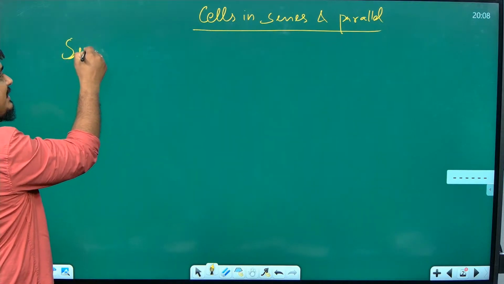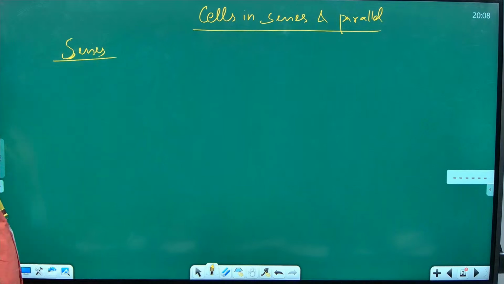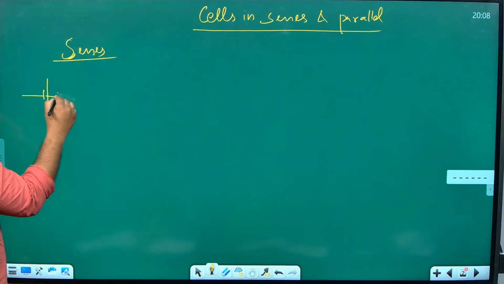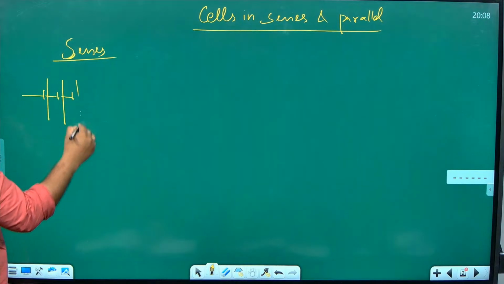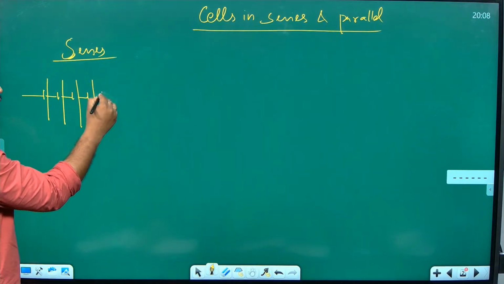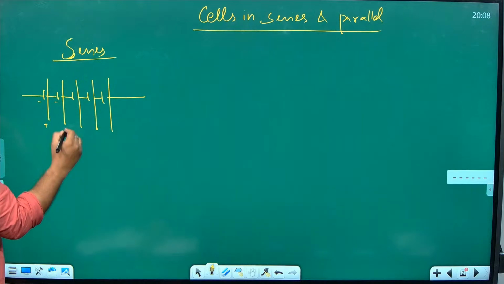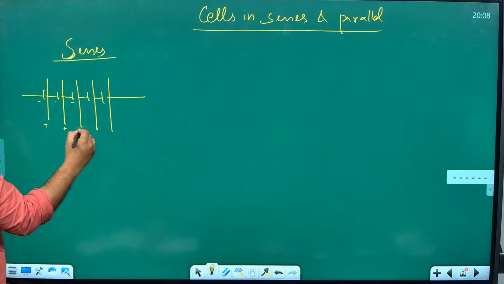Series connection means the negative of one cell is connected to the positive of the other cell. That is negative, positive, negative, positive.